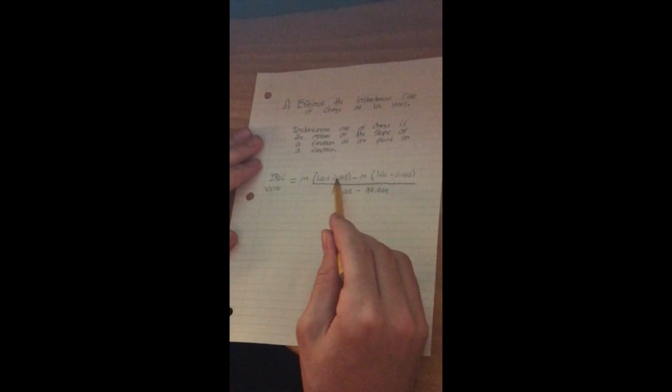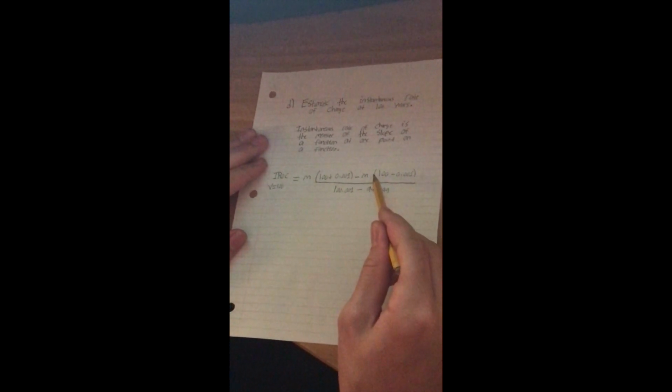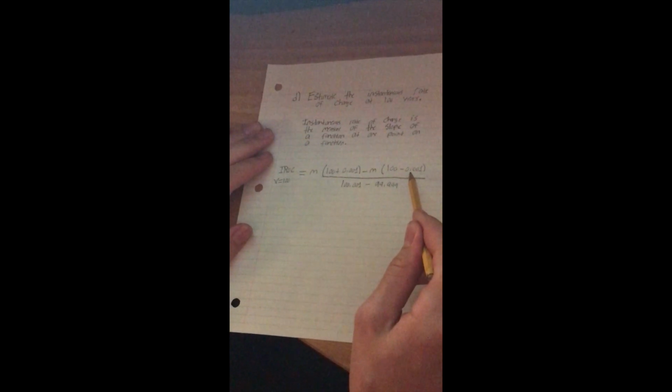So the formula for instantaneous rate of change at x equals 100 is m of 100.001 minus m of 99.999, over 0.002. So we get these values by adding 0.001 to 100 and subtracting 0.001 from 100.